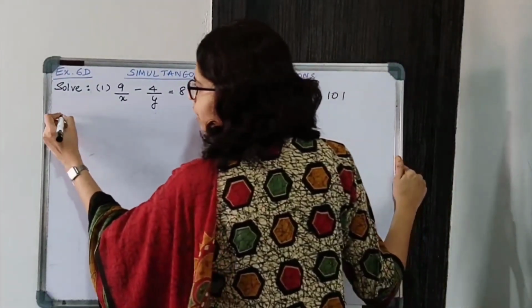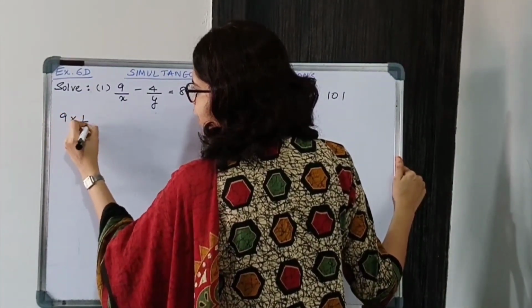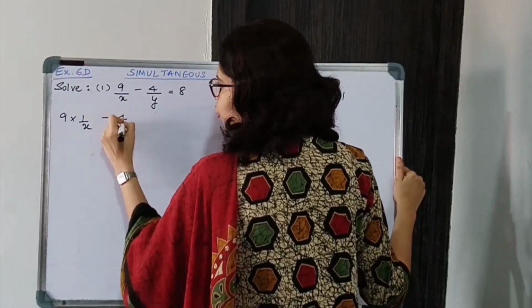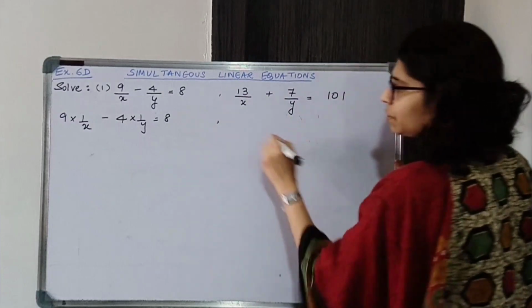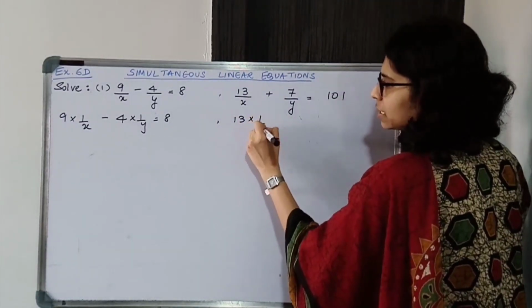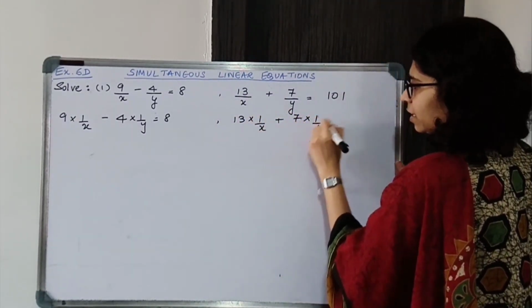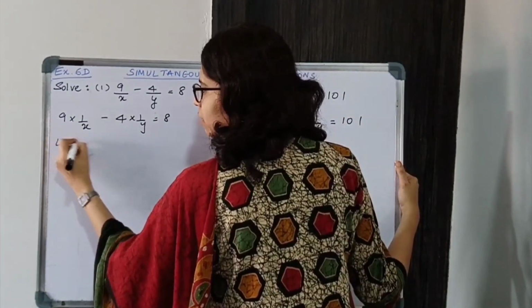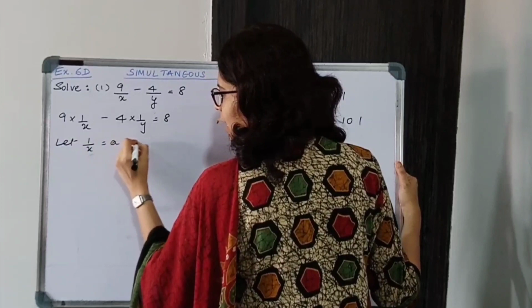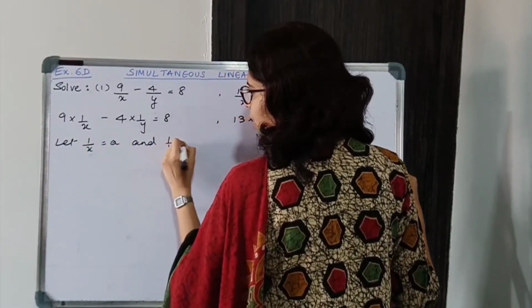Now 9 upon x I can rewrite as 9 into 1 upon x and 4 upon y as 4 into 1 upon y equals 8. Over here same thing, 13 into 1 upon x plus 7 into 1 upon y equals 101. Now we'll take 1 upon x as a and 1 upon y as b.